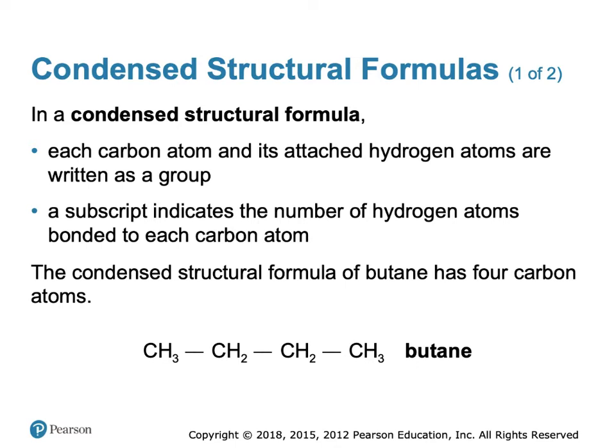The condensed structural formula of butane has 4 carbon atoms. So you can just see this enlarged from the table. So this is the condensed structural formula. You're going to draw in the bonds for the carbon-carbon bonds. And you're going to use subscripts to indicate how many hydrogens are bonded to each carbon.